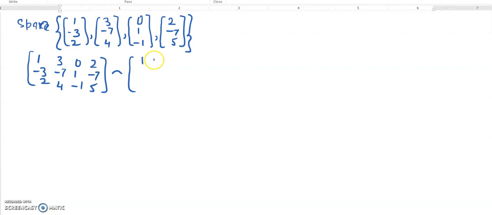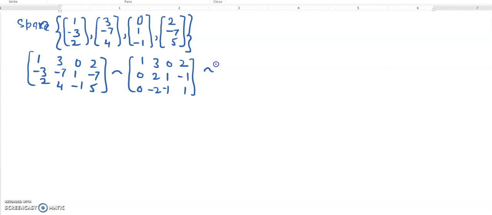By the first step, the rows become 1 3 0 2, then 0 2 1 -1, and then 0 -2 -1 1.